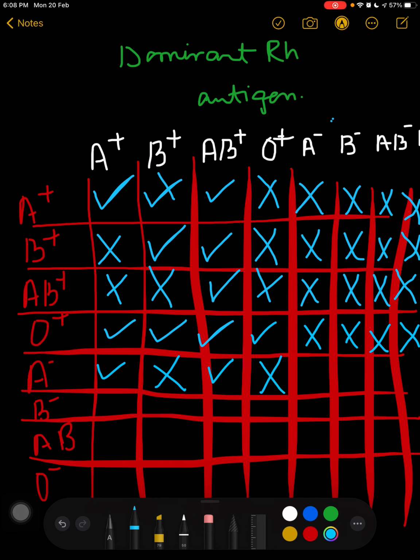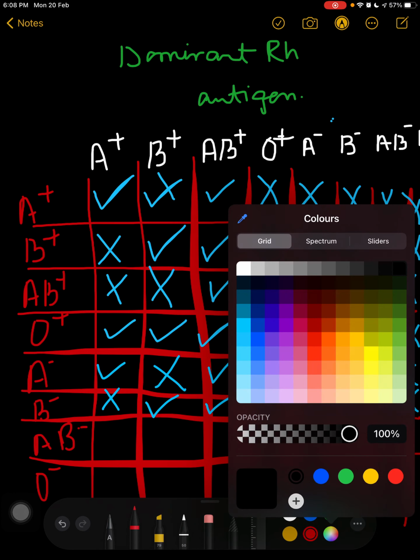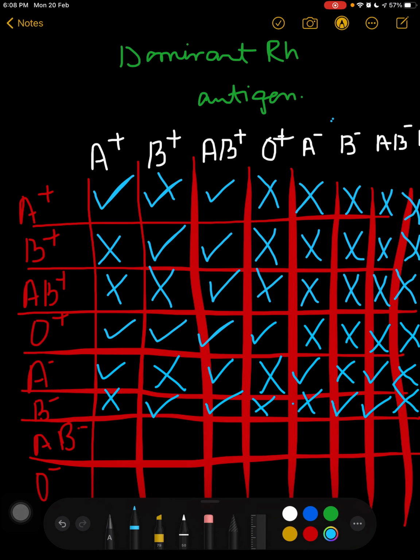If we talk about B, so B can't give to A, but it can give to itself, to A, B, not to O, not to A, but to B, yes, cross, and this. If we talk about AB, this is AB negative basically. AB negative can give to A positive or not.